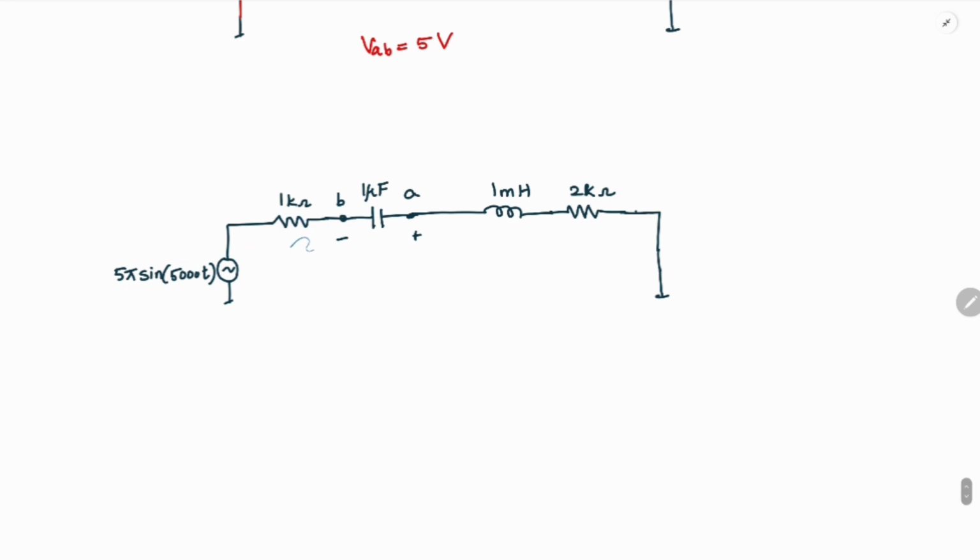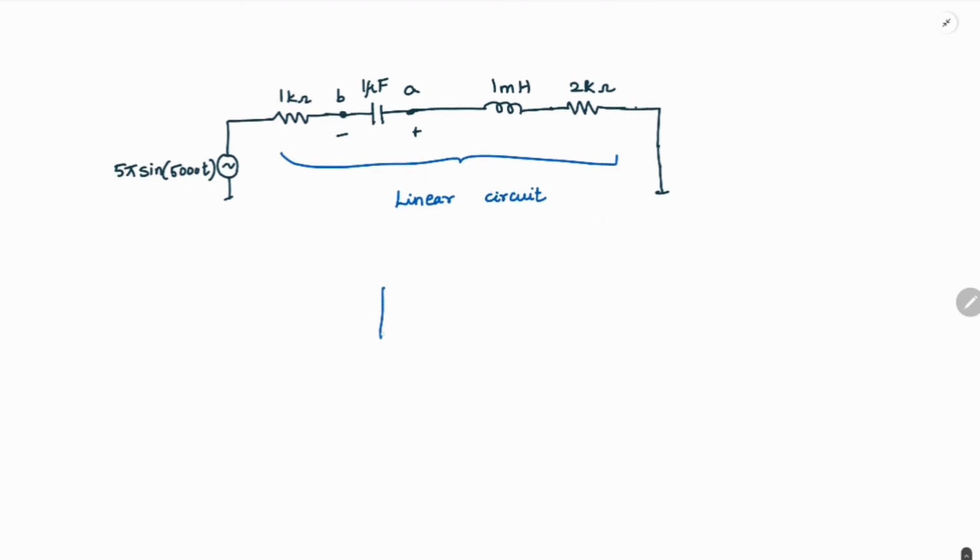Now if you observe, this is a linear circuit. To a linear circuit, you are giving 5 pi sine of 5000 t. So what will be your output? Let me call my output VAB.